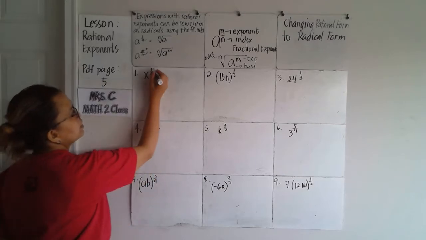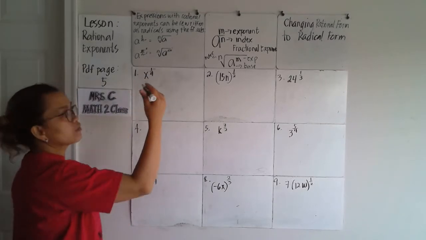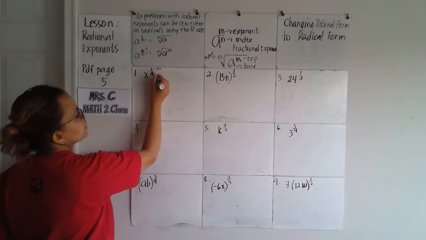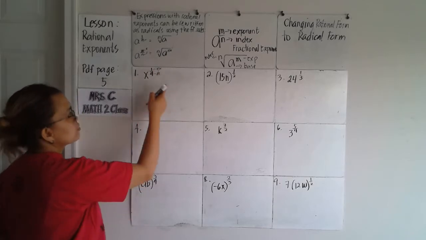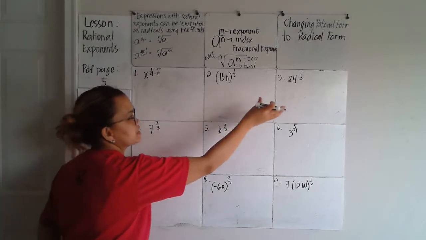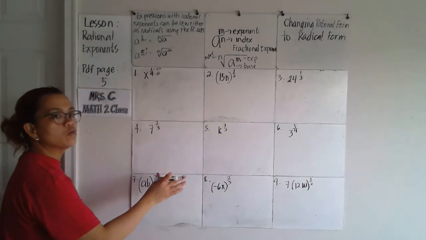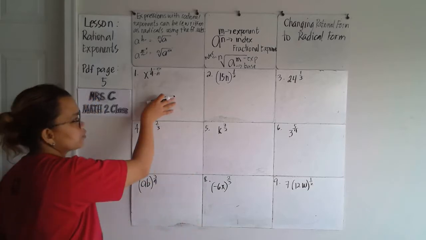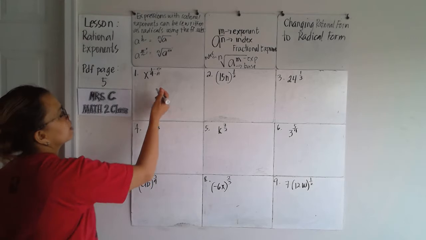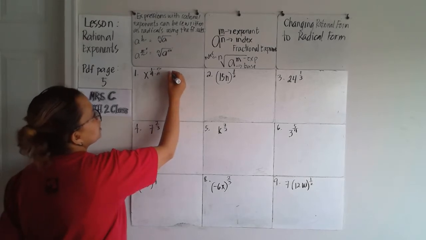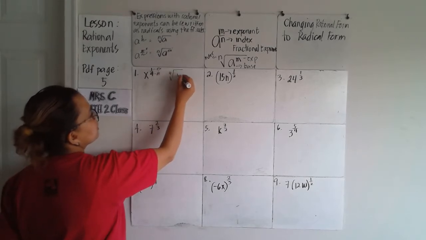As what I said, on the top or in the numerator will be your exponent. 4 will be your index. Okay, so you're going to rewrite that. Now, if these examples can still be simplified into lowest terms, we need to do that. That's why I provided spaces on each problem so we can elaborate it more. So this will be the fourth root of x.